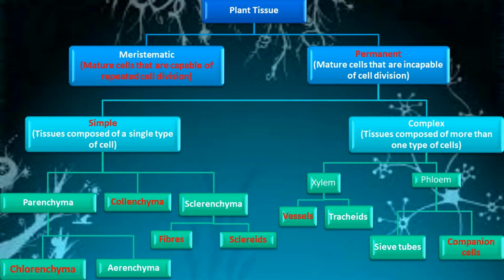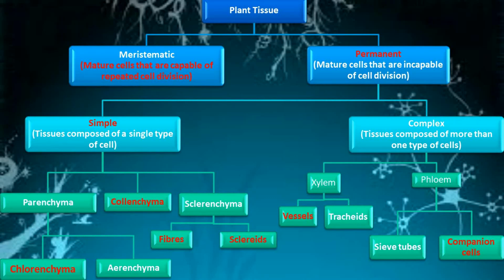Plant tissue. Plant tissues are divided into two: meristematic, permanent. Meristematic tissue. Immature cells that are capable of repeated cell division. Permanent tissue. Mature cells that are incapable of cell division.